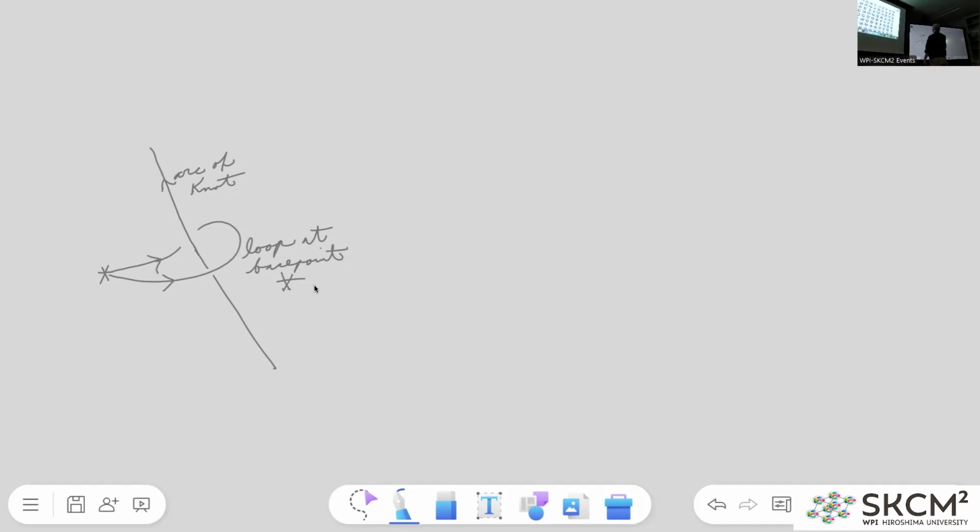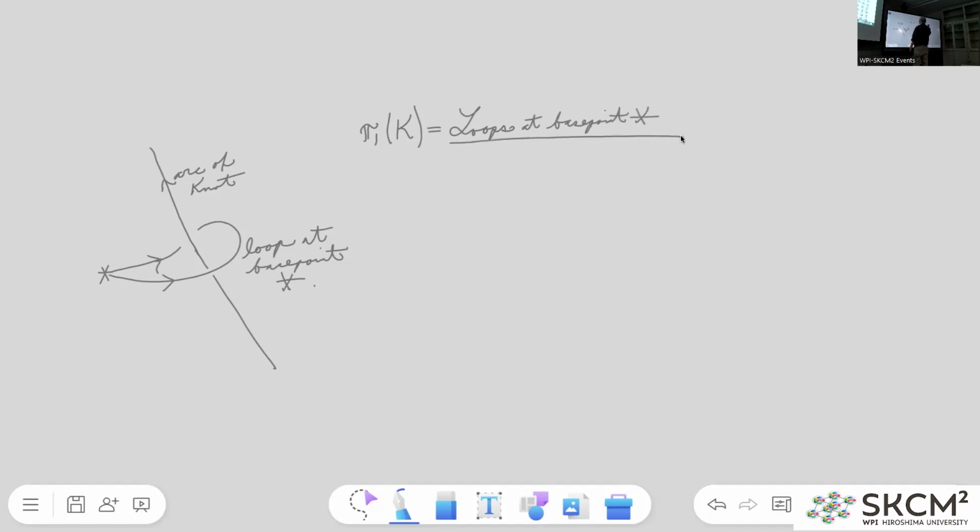And I'm going to tell you that I define I1 of K, our knotted length, to be equal to the loops at the base point modulo homotopy.